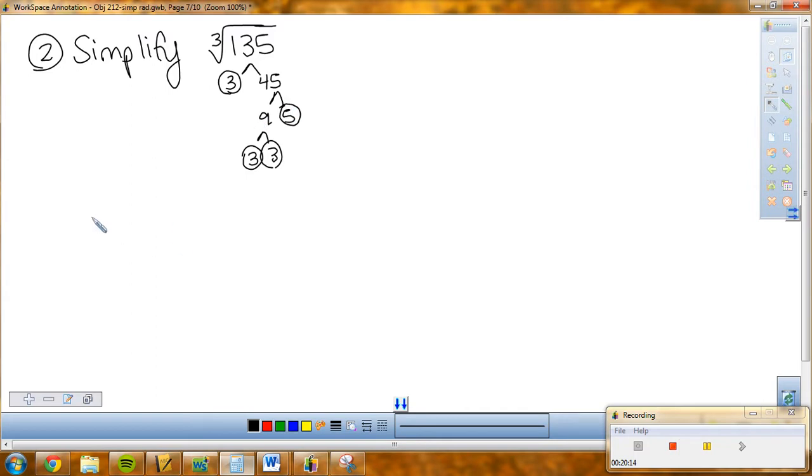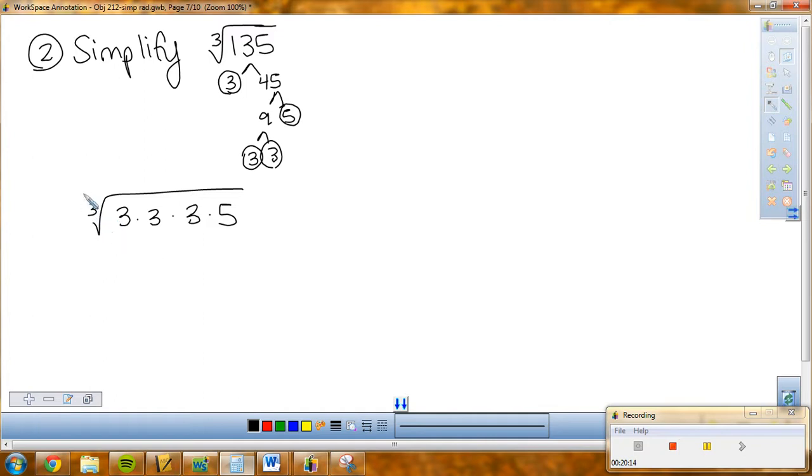So I can write all of my prime factors under the root. 3 times 3 times 3 times 5. Once I have them written under the root, I need to look at the index. And I made my own mistake by forgetting to put my index. So I need to look at the index to remind me how many am I looking for? What groups do I want to connect?